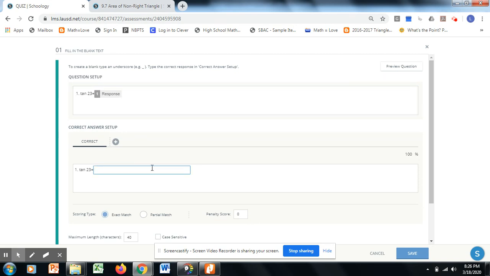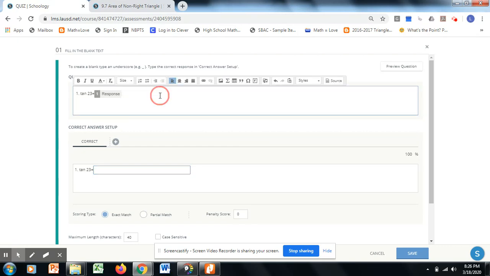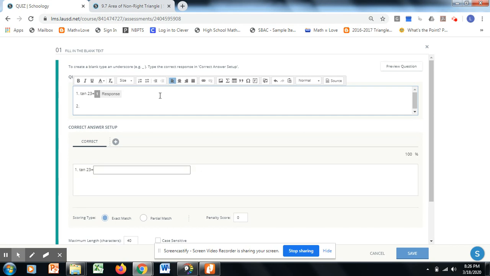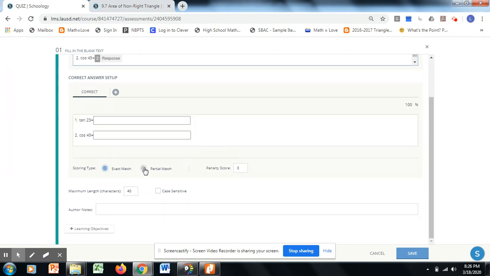And this is where I write down the correct answer. And then if you want more questions, just type in your questions depending on how many you have. Let's say cosine of 45.